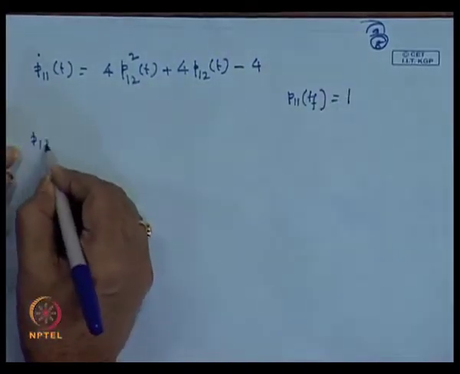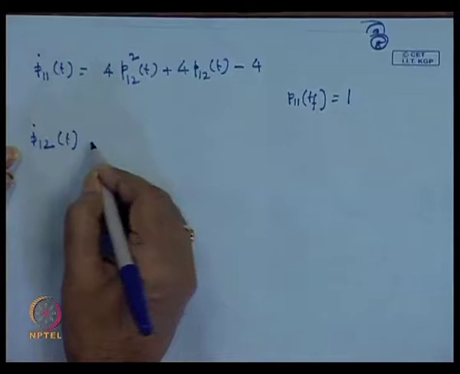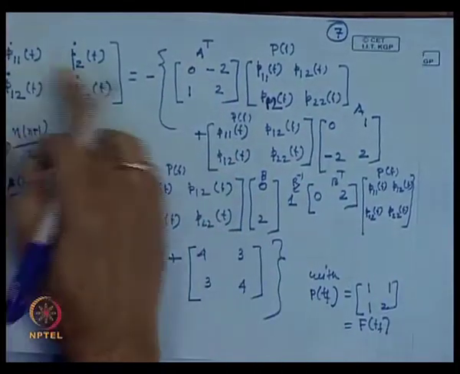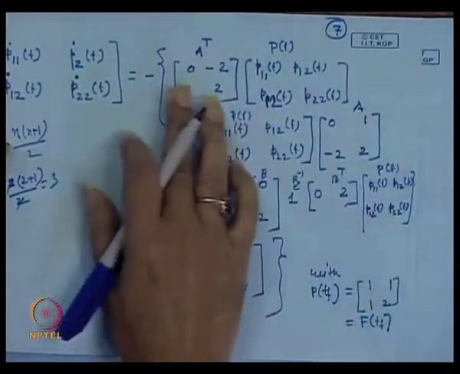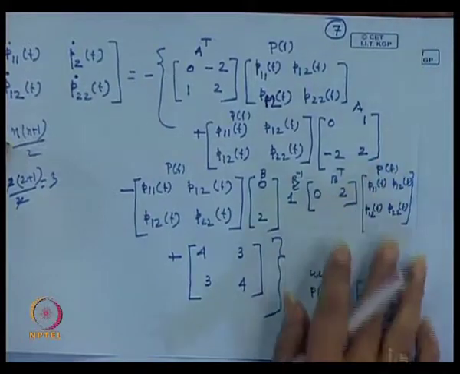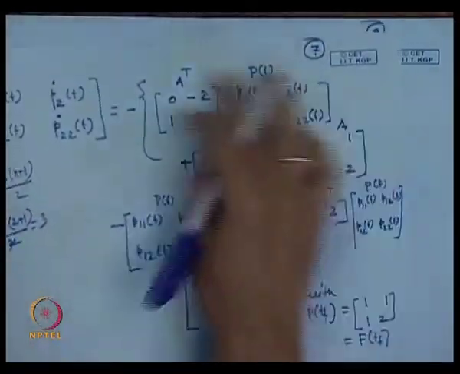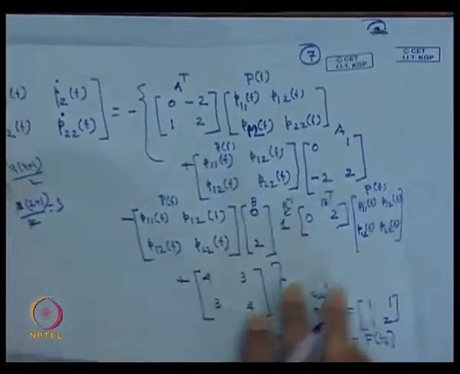I am getting this by equating left hand side and right hand side, by simplifying the whole right hand side expression into an equivalent 2 by 2 matrix form.